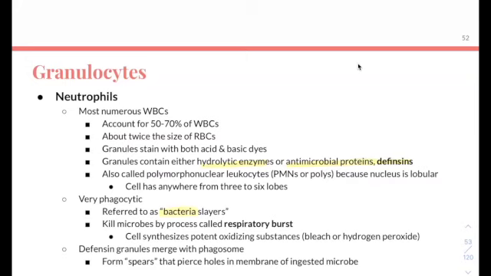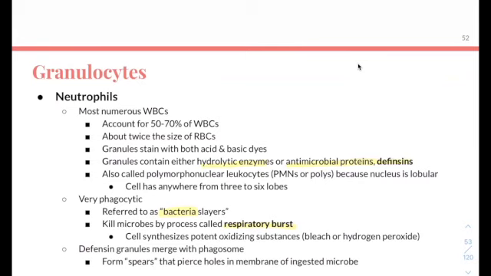They kill microbes through what's called a respiratory burst. So they synthesize an oxidizing substance. Yes, white blood cells synthesize something like bleach or hydrogen peroxide. And these defensins, those hydrolytic enzymes or antimicrobial proteins, come together with this oxidizing substance and they phagocytize bacteria.